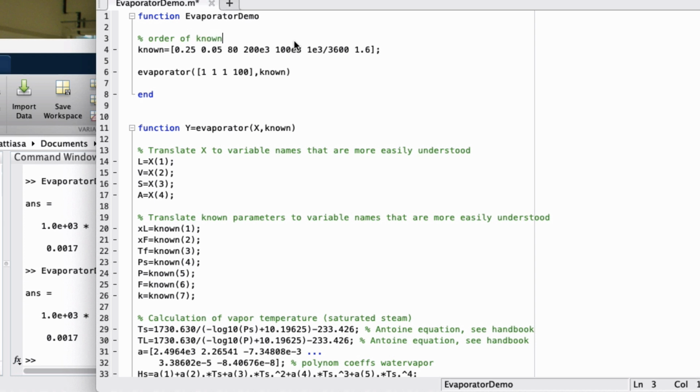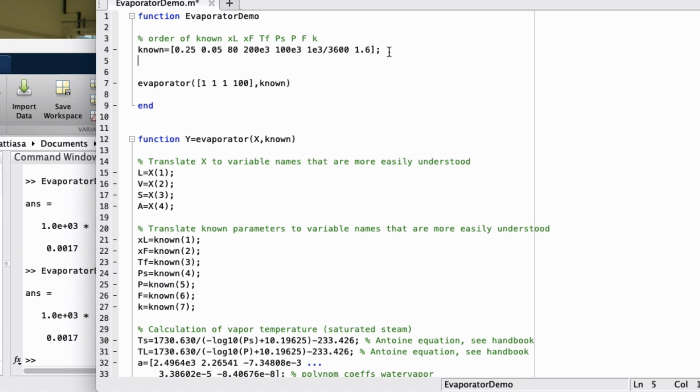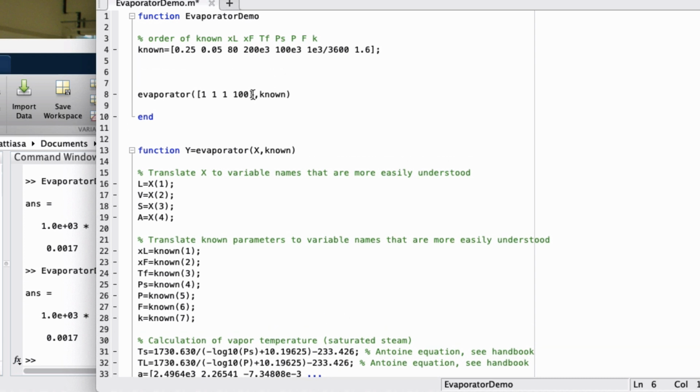Order of known, that was XL. And that we can see down here, right? XL, XF, TF, PS, P, F, and K. And these things here, those are our guesses. Let's just copy these ones for now.